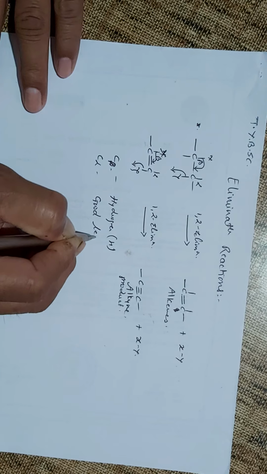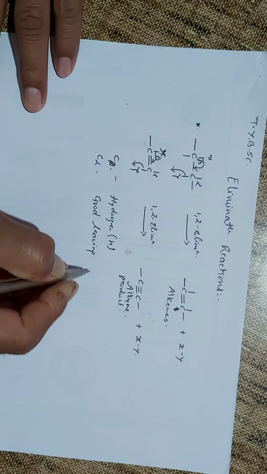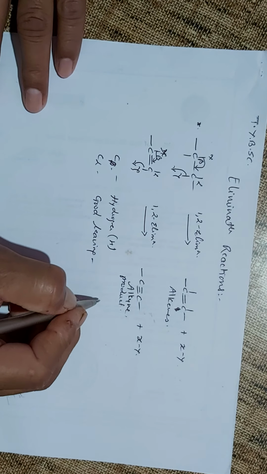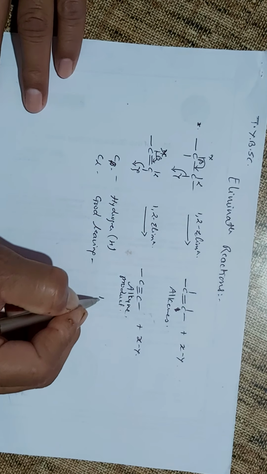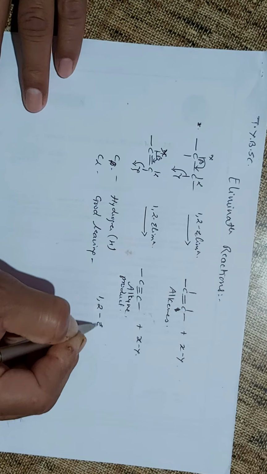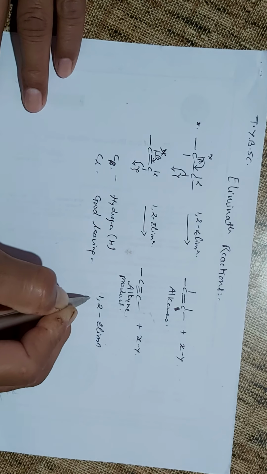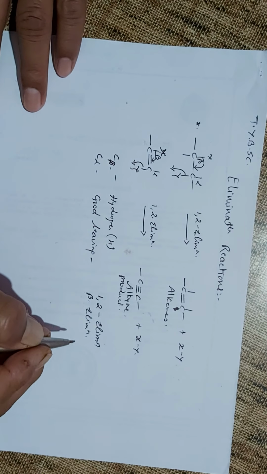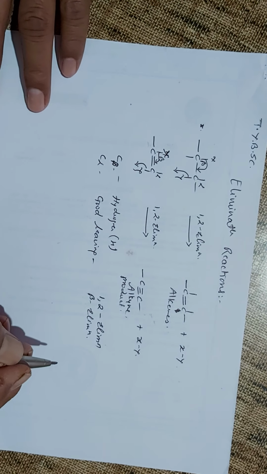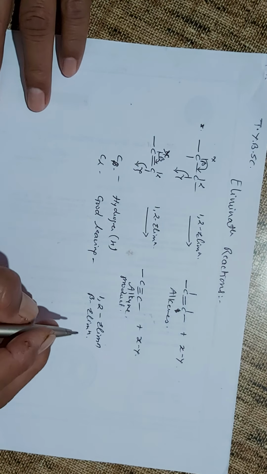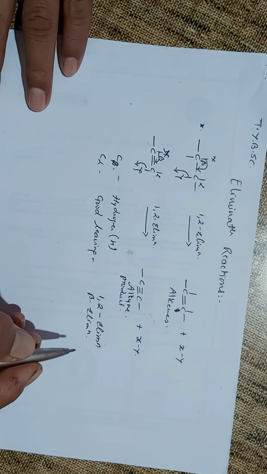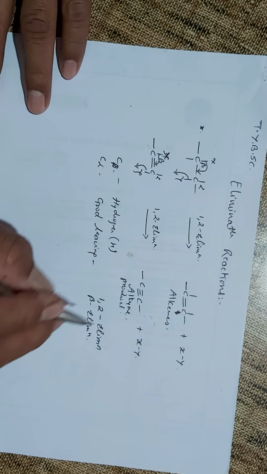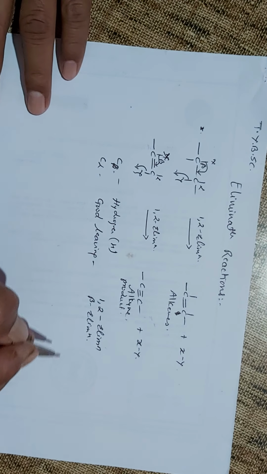In this way we get the reaction, and this reaction is termed elimination, or 1-2 elimination, or beta elimination. This beta elimination is not only found in the preparation of alkenes and alkynes. These are the general methods of preparation of alkenes and alkynes, which we are going to study further in the different reactions.